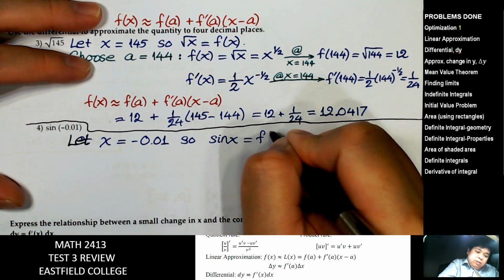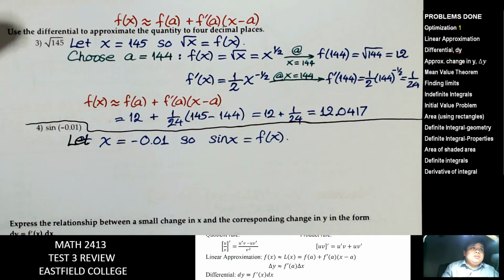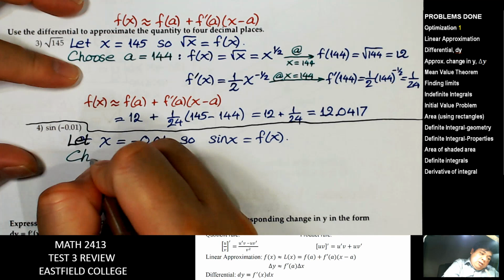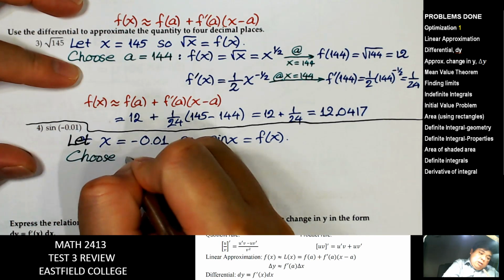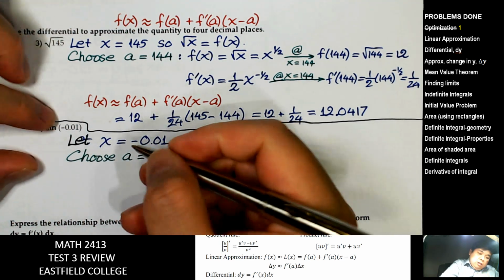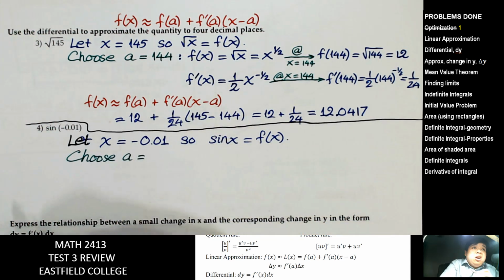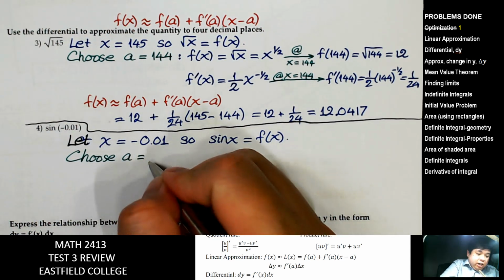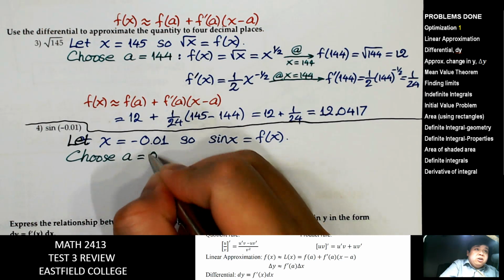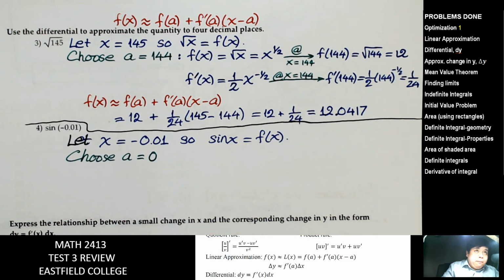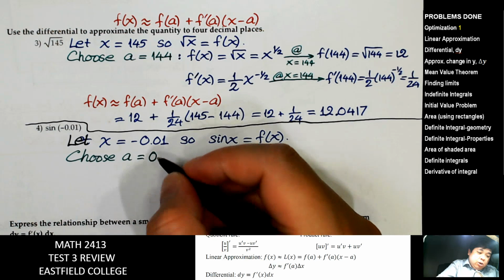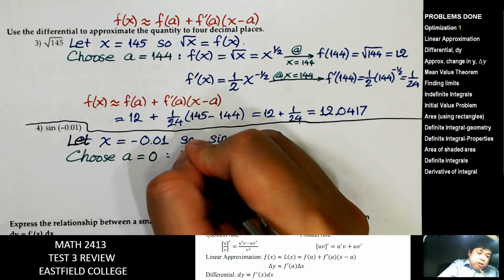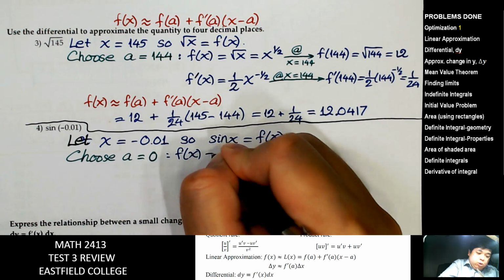Then we choose a number that is close to this and whose value is easy to evaluate. We choose 0 because sine of 0 is 0. Now a is equal to 0. The function is equal to sine x.